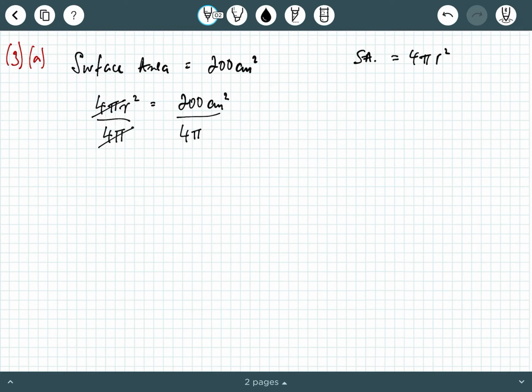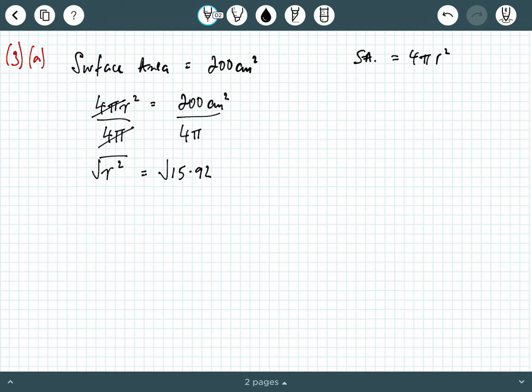So now on the left-hand side of the equation we have r squared is equal to, and if you divide 200 by 4 pi, you get 15.92. Now we want r, not r squared. So how do you get rid of a square? You square root it.